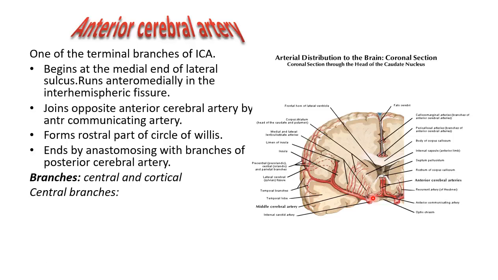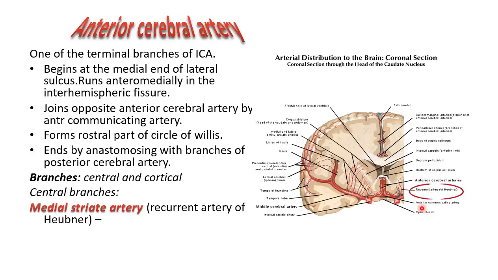One of the main central branches is the recurrent artery of Hubner, mainly coming from the anterior cerebral artery. They are central branches, which means they are deep branches.